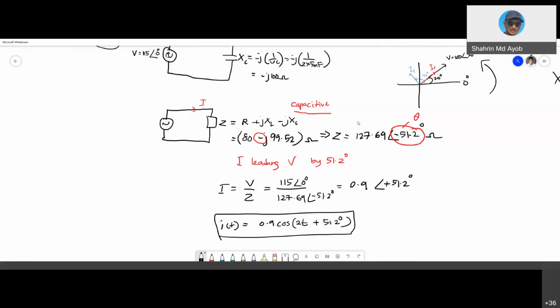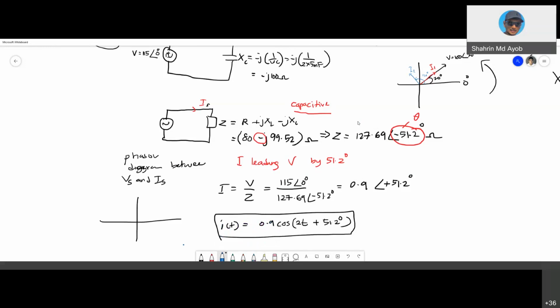And if you are required to plot the phasor diagram between the voltage source and the current source, this one is your current source. Just use the voltage.